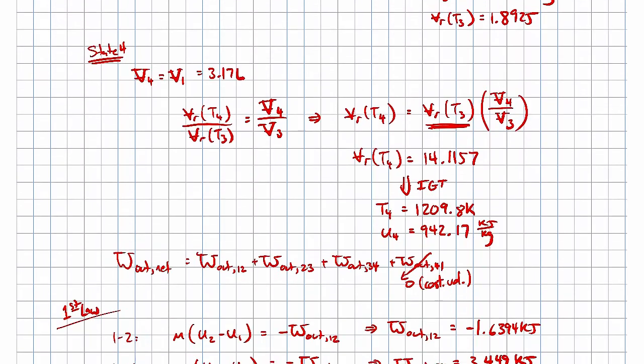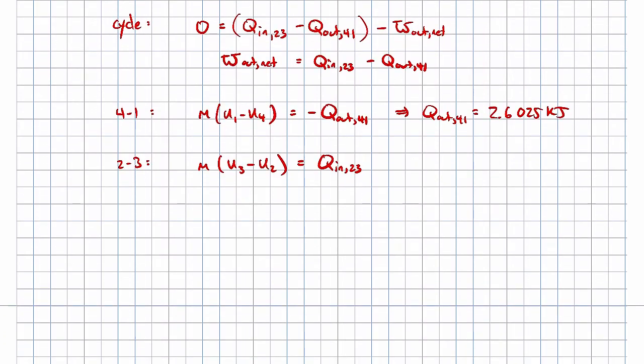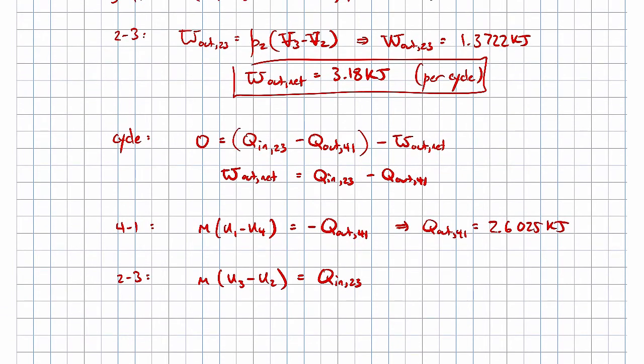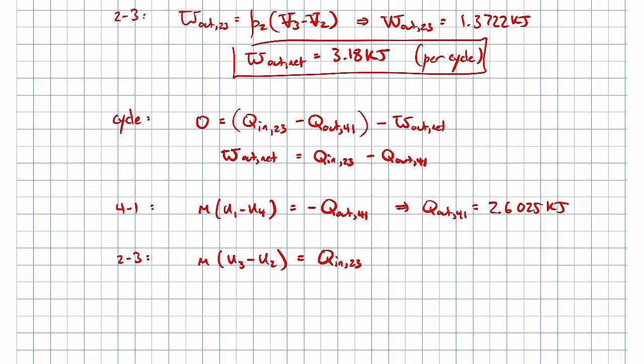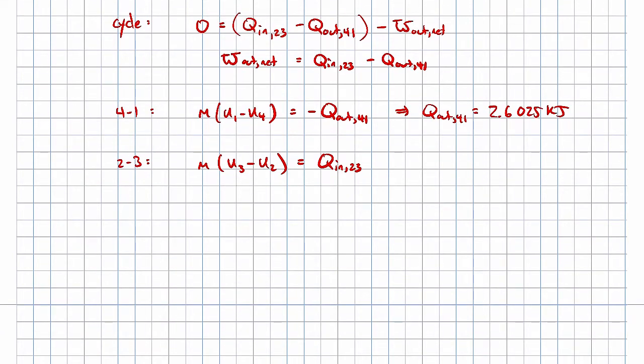So we have to include that. We could just make use of this value up here, or I'll just write it in terms of the P dV work again here. So this will be minus P2 times V3 minus V2.